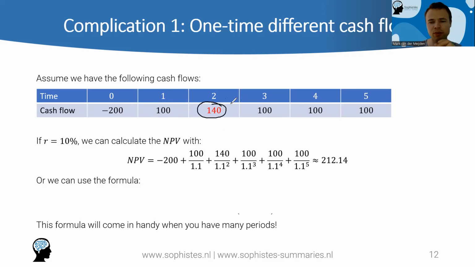There you receive 40 euro extra. And that's a problem because the formula assumes that you get 100 euro each year and not 140. So the question is, how do you correct for this? You basically treat it like you would normally do.